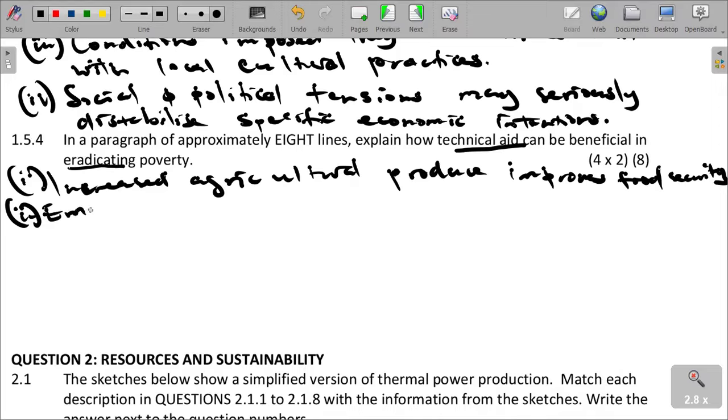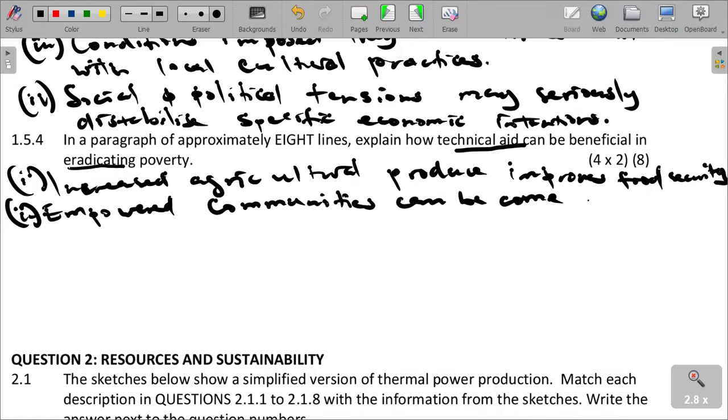Empowered communities can become self-reliant and resilient, which is also another way that can become beneficial in eradicating poverty.